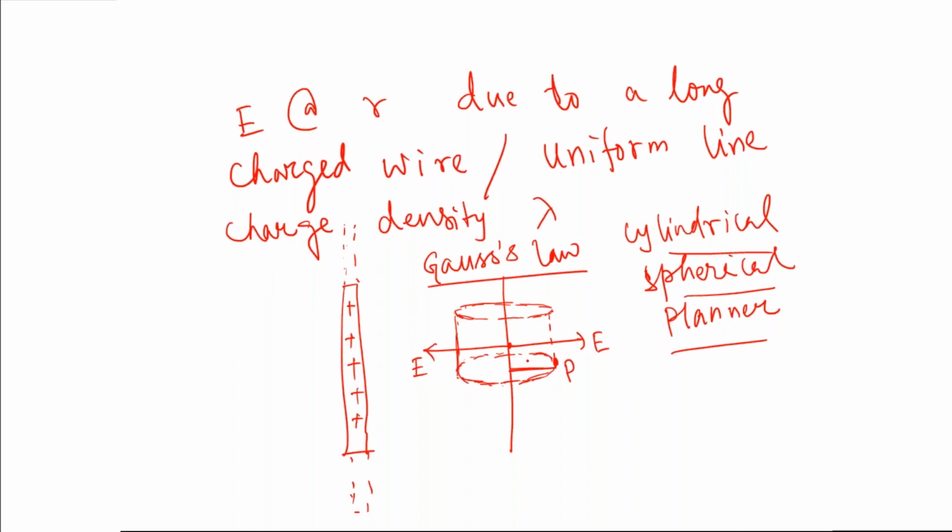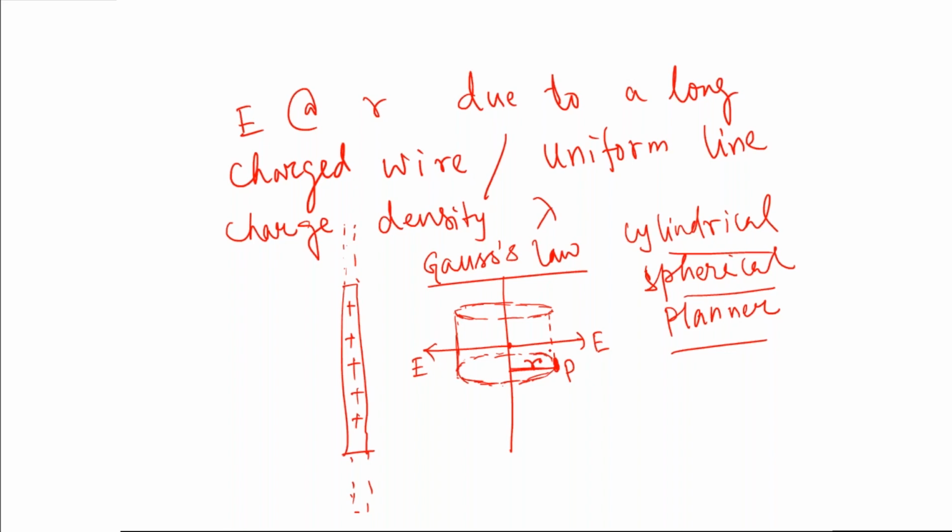Suppose I have a circle like this, another circle like this, and another like this. If you join all of them, what do you get? You get a cylinder. So this is how for a line charge density you get cylindrical symmetry.